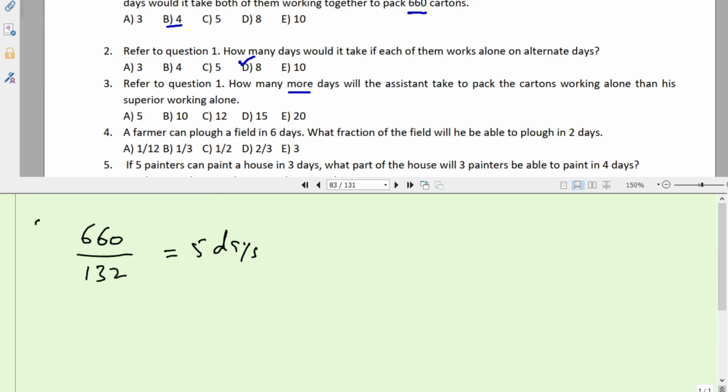So this is the superior, or supervisor, whatever you call it. 660 cartons, 132 cartons per day. He will take 5 days to finish the job.